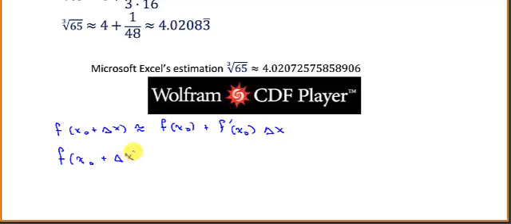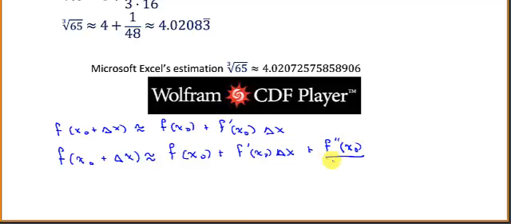If you wanted a more accurate estimation, all right, well, we start the same way. And then we add to that another term, f double prime, the second derivative at x0, divided by 2 factorial, which is just 2 times 1, times delta x squared.